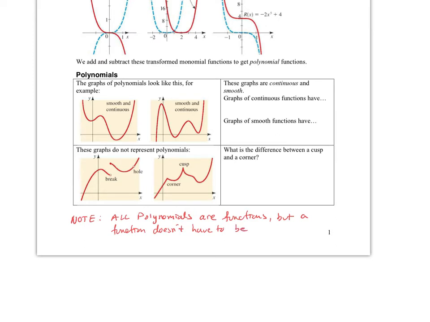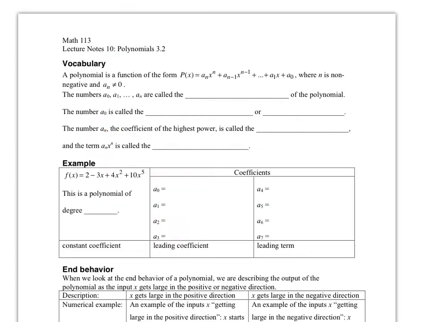Okay, so this is very, very important. And here are 2 examples of that. If p of x equals x cubed plus 3x squared, this is a polynomial, and it is a function. While f of x equals the square root of x plus 5 is a function, but it's not a polynomial.